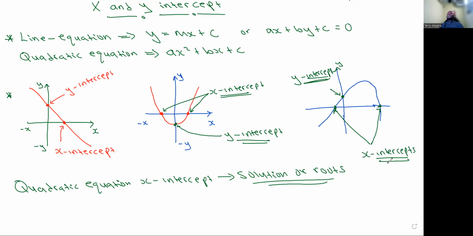All right, so now how do you find the x-intercept and the y-intercept? To do that, there are 3 rules, or 3 steps. The first thing you have to do is write down the equation of the line or the parabola, it depends.